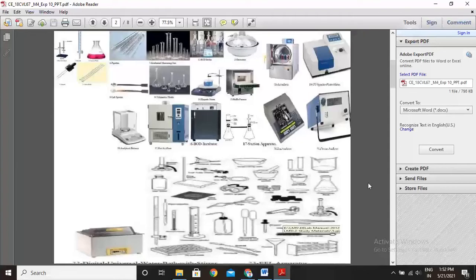Some apparatus are used repeatedly to conduct experiments, so you should remember these apparatus with their names. That is most important.